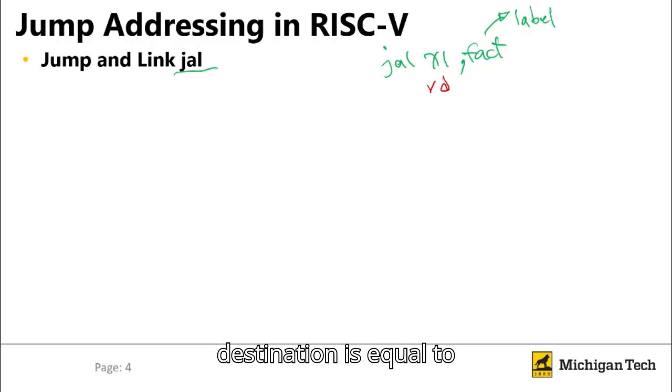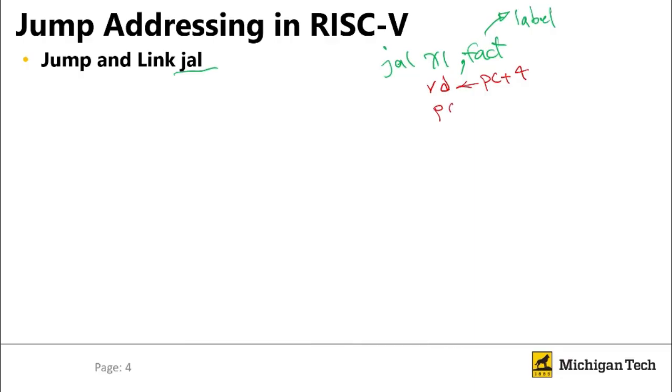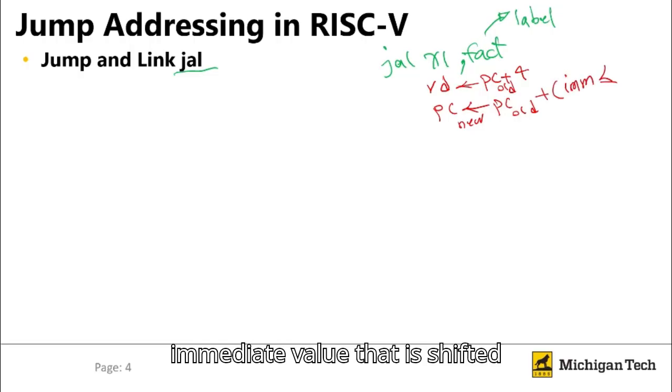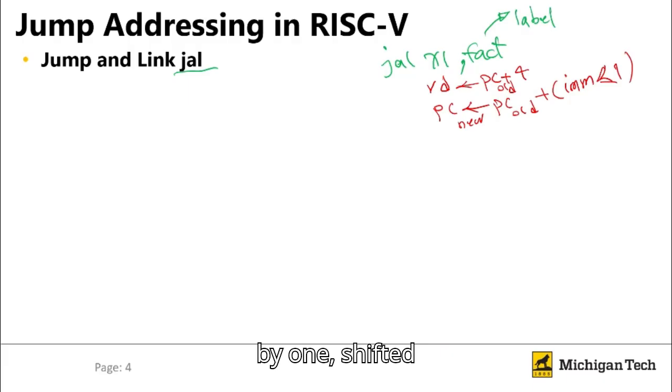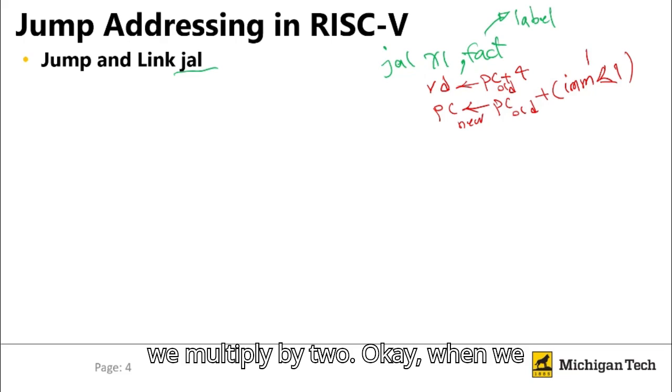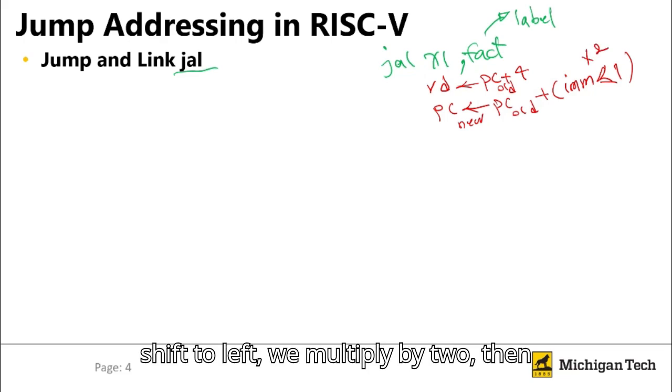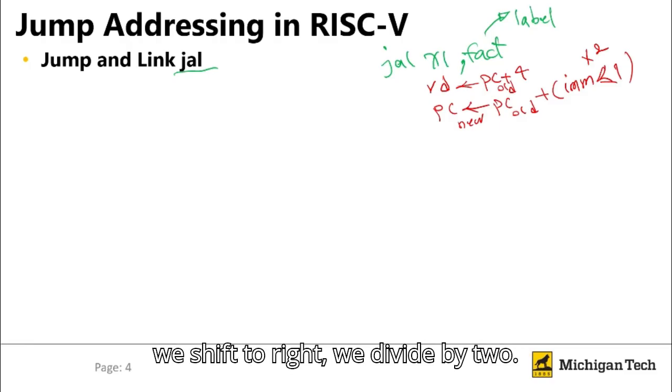So the return destination is equal to the program counter plus 4, and then we do PC relative. The new PC is the old PC plus the immediate value that is shifted to the left by 1. Here we multiply by 2. When we shift to the left, we multiply by 2. When we shift to the right, we divide by 2.